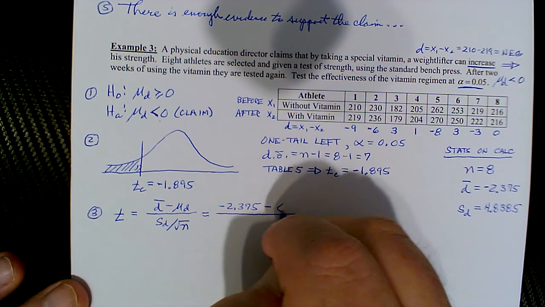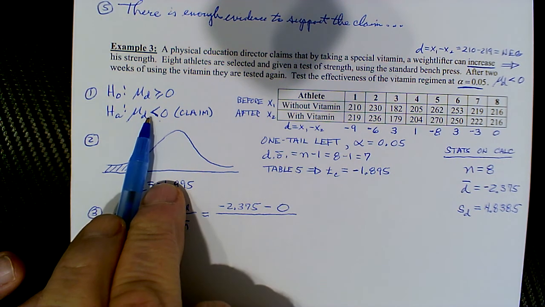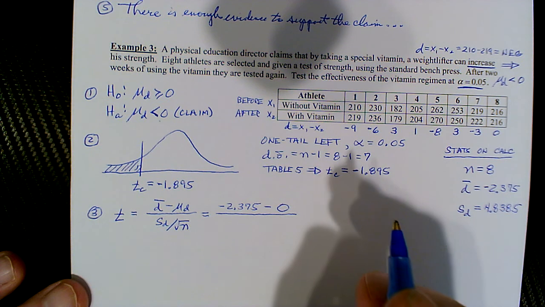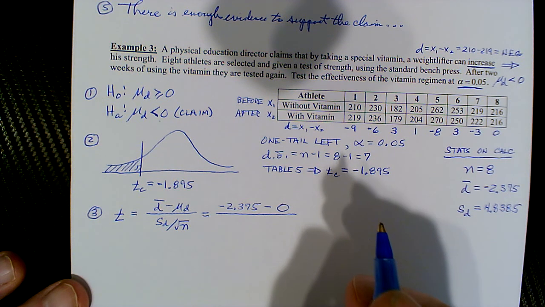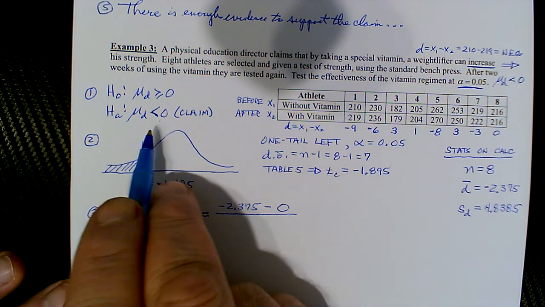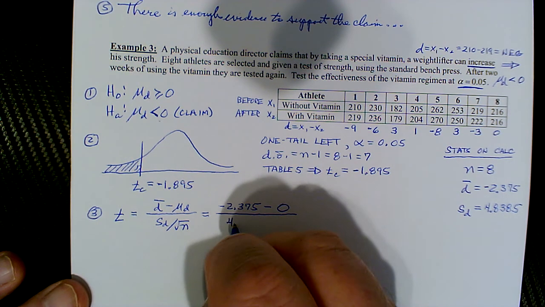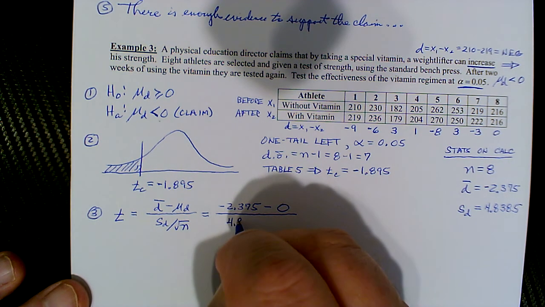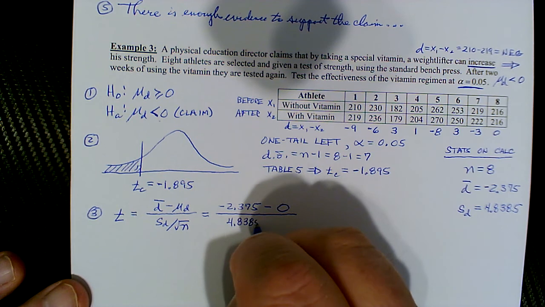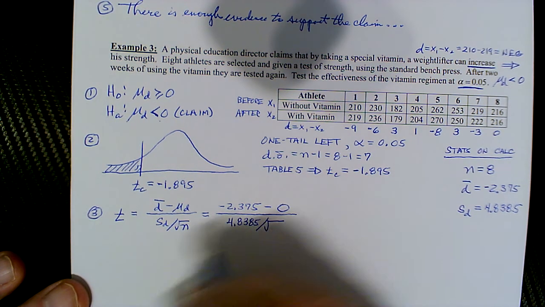That's, remember, our hypothesized population mean of the differences, which is always with respect to 0 for us, and then divided by s sub d, the 4.8385 divided by the square root of n, which was 8.